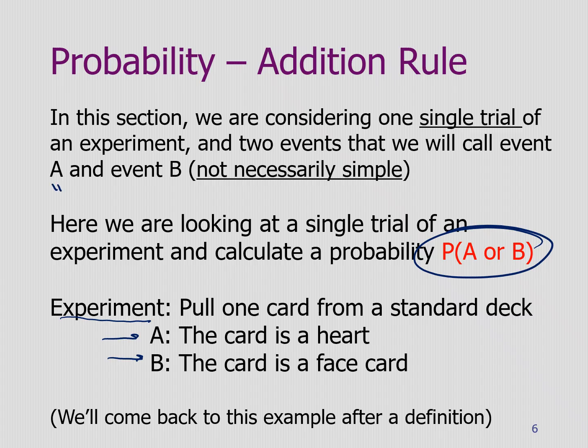Now, when we say A or B, and this is important moving forward before we do any actual problems, A or B means A happens, or B happens, or both happen.